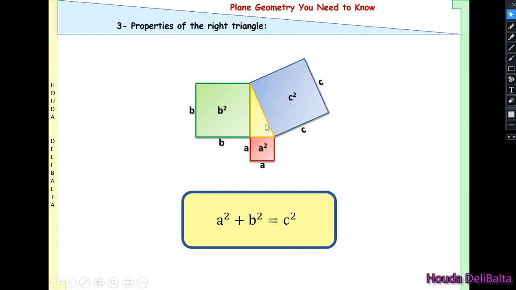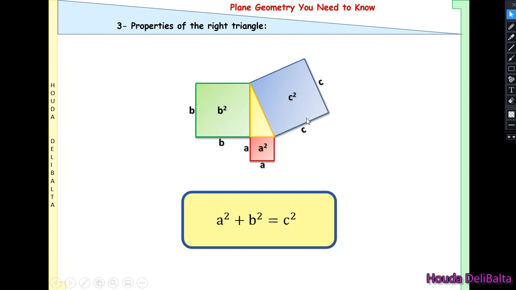Some experiments were made on this shape, and the squares were filled with water. You can see it on YouTube or in Google. The squares here were filled with water, and when they pour the water, the amount of water here and here filled all of this square.